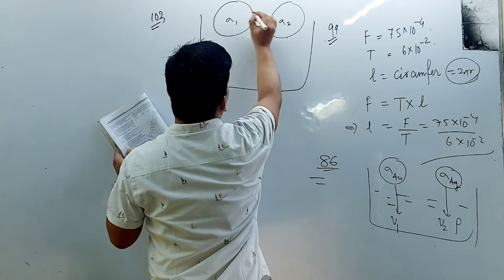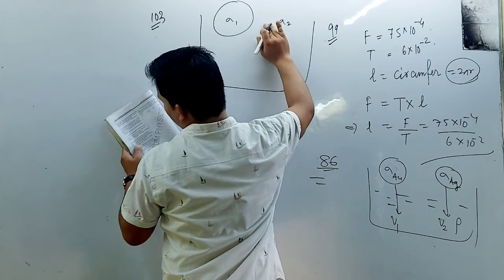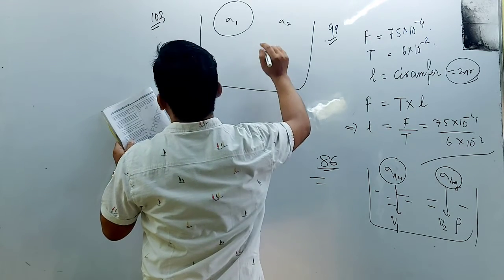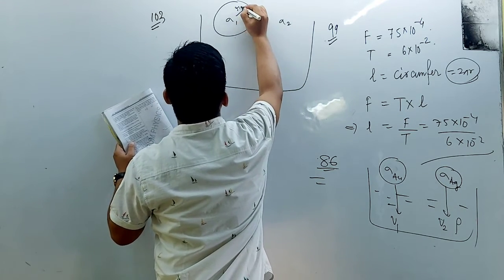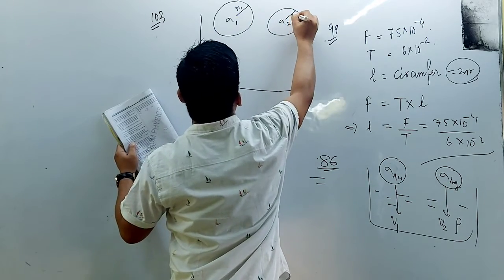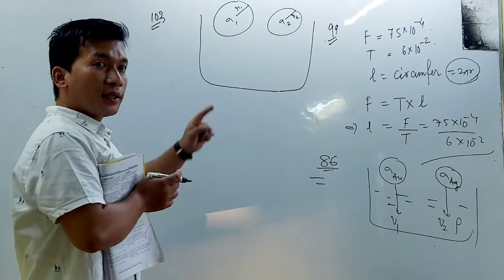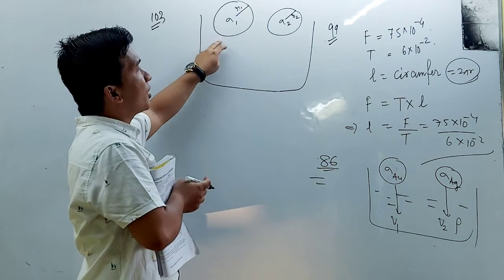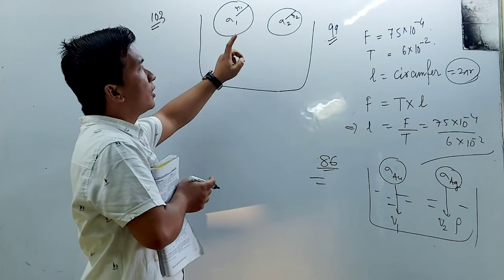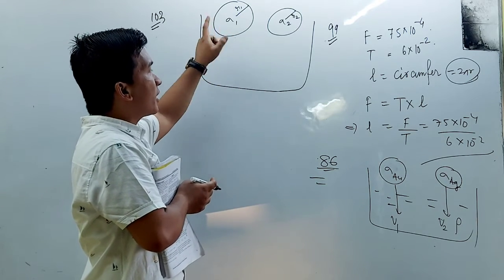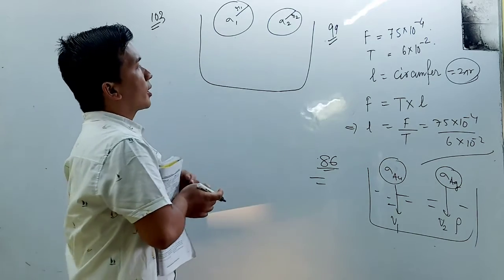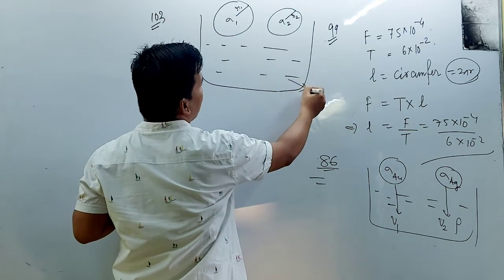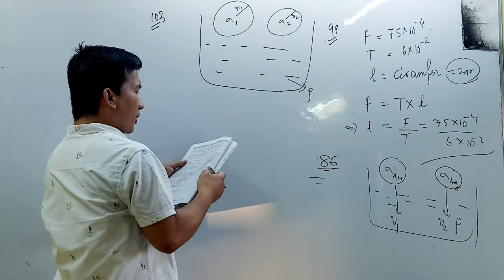They are of different size: this is r1 and this is r2. Two spherical objects of different material and different size are being dropped inside a viscous medium.